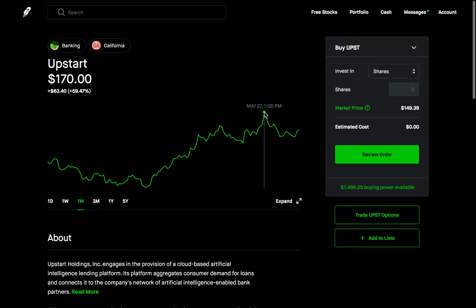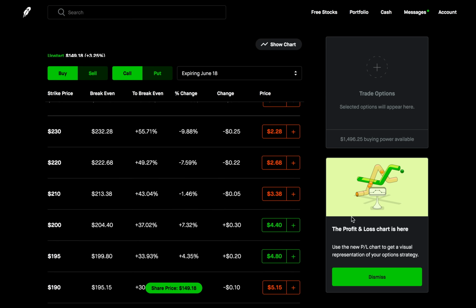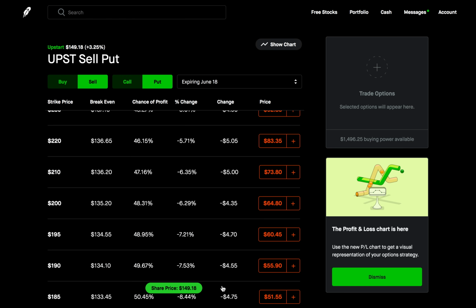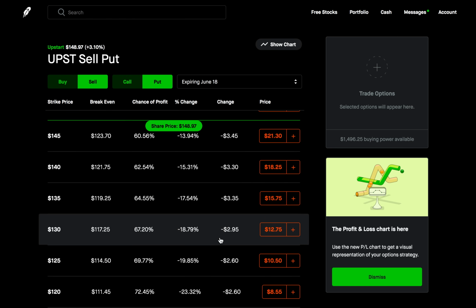Now on May 27th, it's $170. Now it's down to $150. So it could be investors believing that Upstart is due for a pullback, for example, right? But either way, as you can see, if you're already looking to buy Upstart, why not sell a put on it and take advantage of these very, very high premiums.